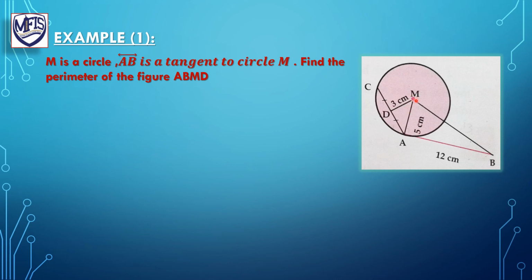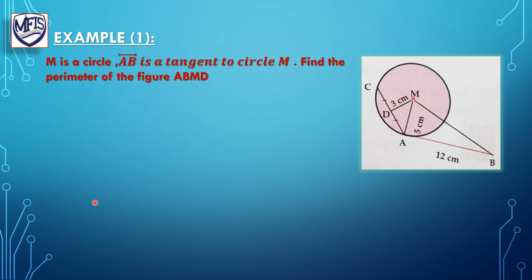Now, what about the length of MB? Look at triangle MAB. Triangle MAB is also a right angled triangle. Why? Because MA is a radius of the circle and AB is tangent of this circle. Then measure angle A equals 90. So I can find the length of MB by using the Pythagorean theorem also.